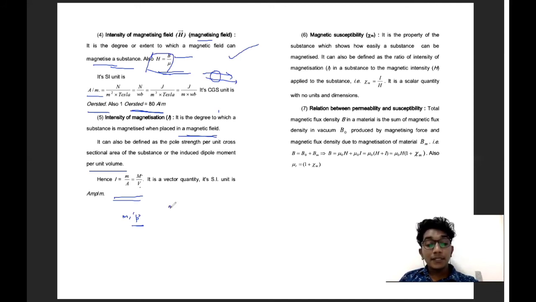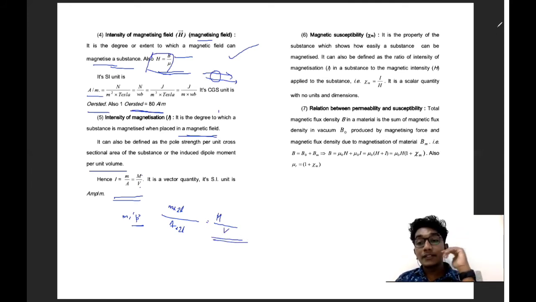What is dipole moment? Pole strength into 2L, divided by area. So area into 2L will be volume. So it is nothing but capital M divided by volume. Okay, so that is why we can write volume as well.